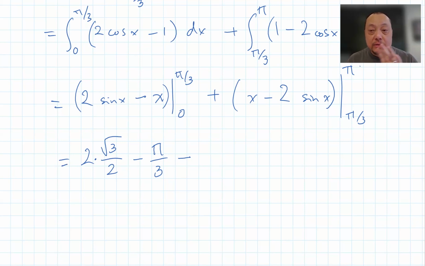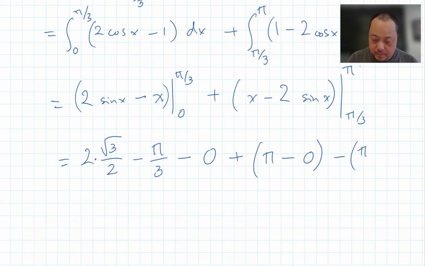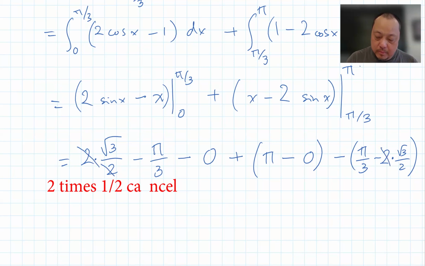Sine of 0, 0. When x equals 0, then the second term is also 0. That's a big 0. Plus, now I plug in the value of pi. Sine of pi is 0. And sine of pi over 3 is square root 3 over 2. I put them all together.